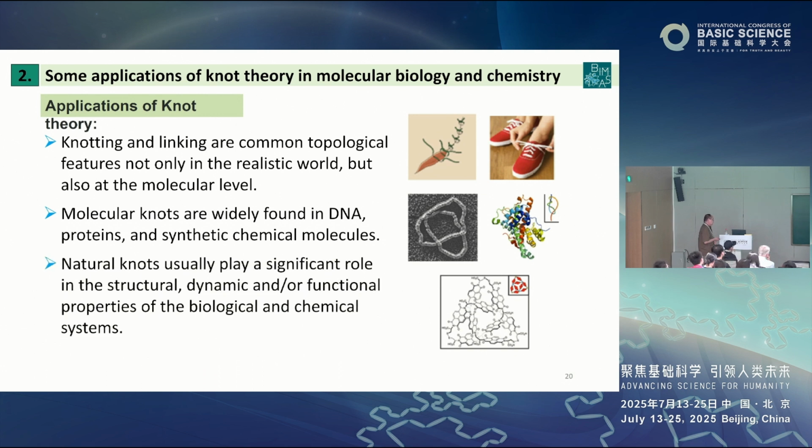Nature's knots usually play a significant role in the structural, dynamic, and functional properties of biological and chemical systems. Here, by surgery, we show the cutting section, and many knots have been found.